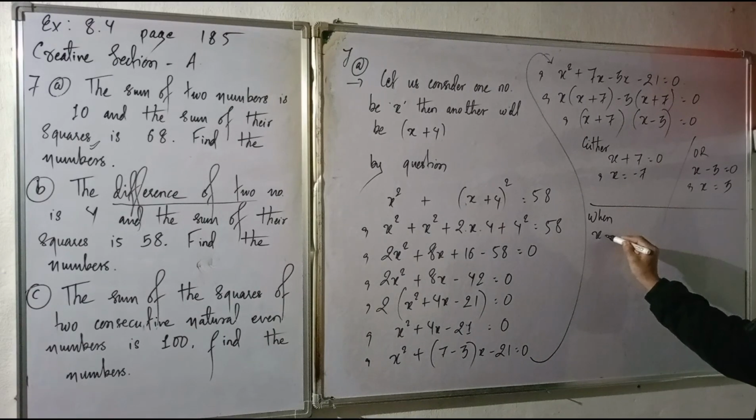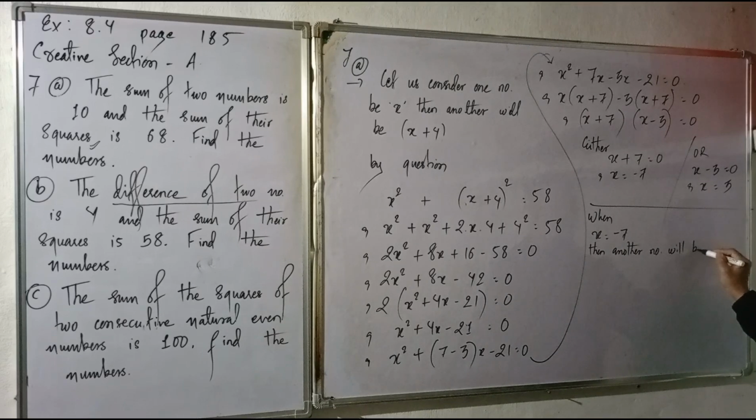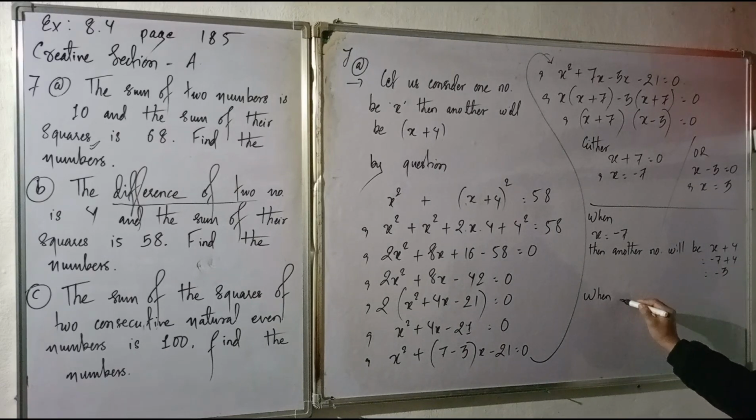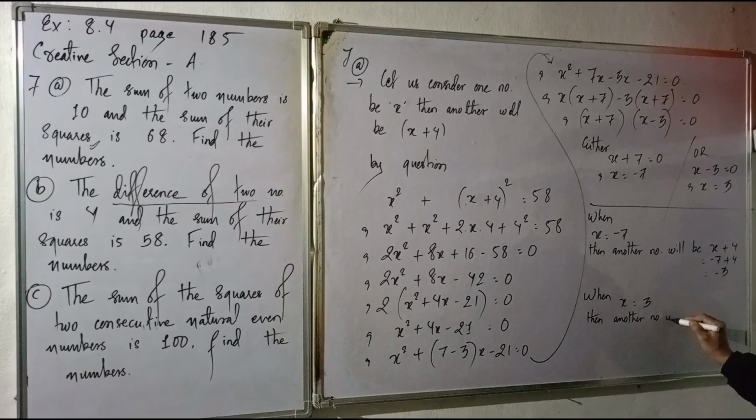When x equals minus 7, another number will be x plus 4, that is minus 7 plus 4, that is minus 3. When x equals 3, another number will be x plus 4, that is 3 plus 4, 7.